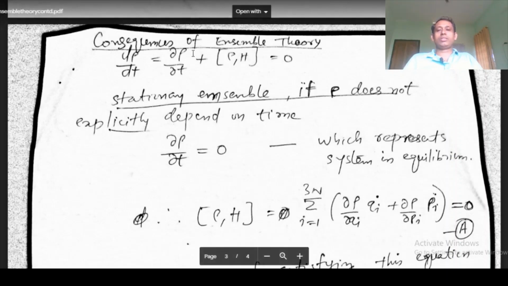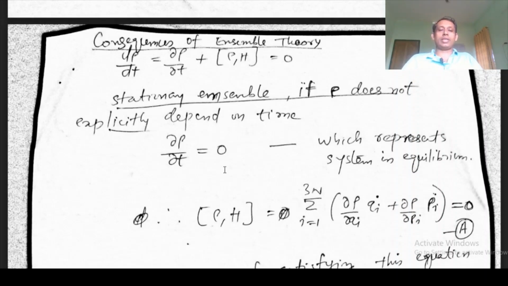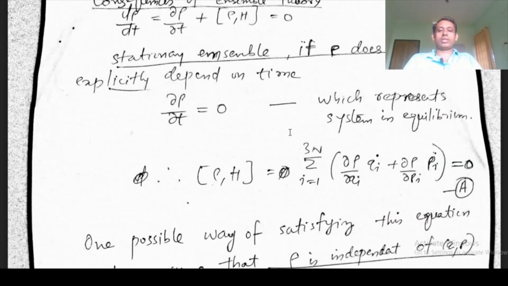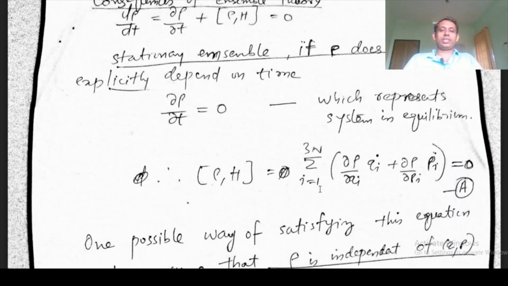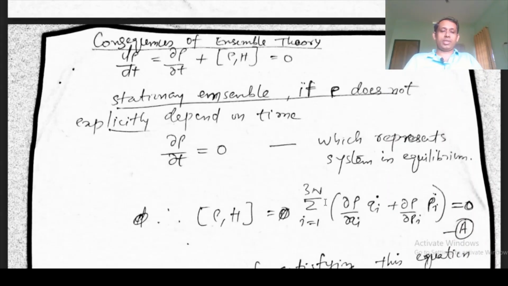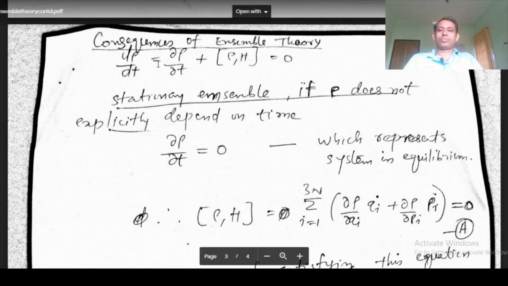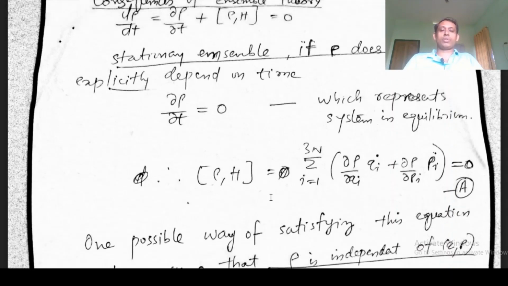So for that, the partial derivative of rho with respect to time is equal to 0, because rho does not explicitly depend on time. So the Poisson bracket of rho and h is equal to 0.